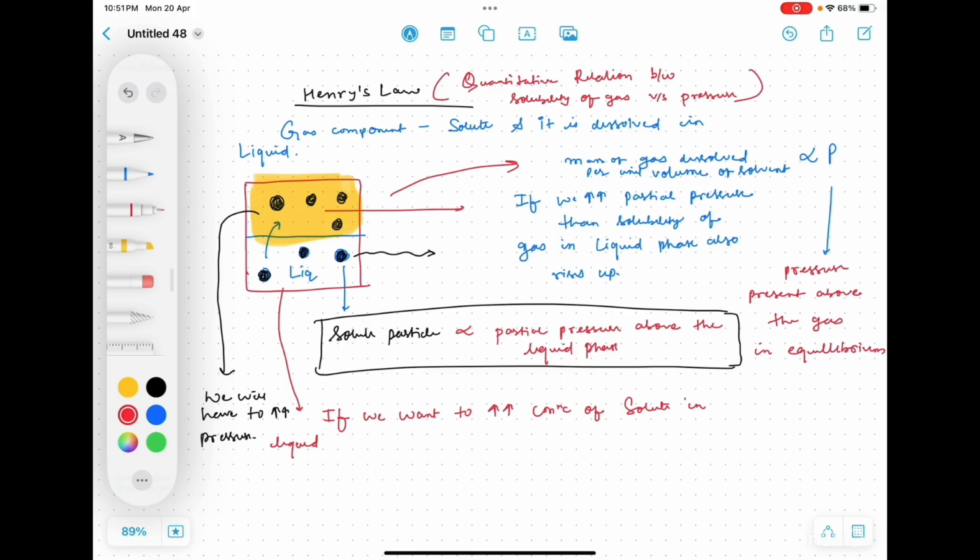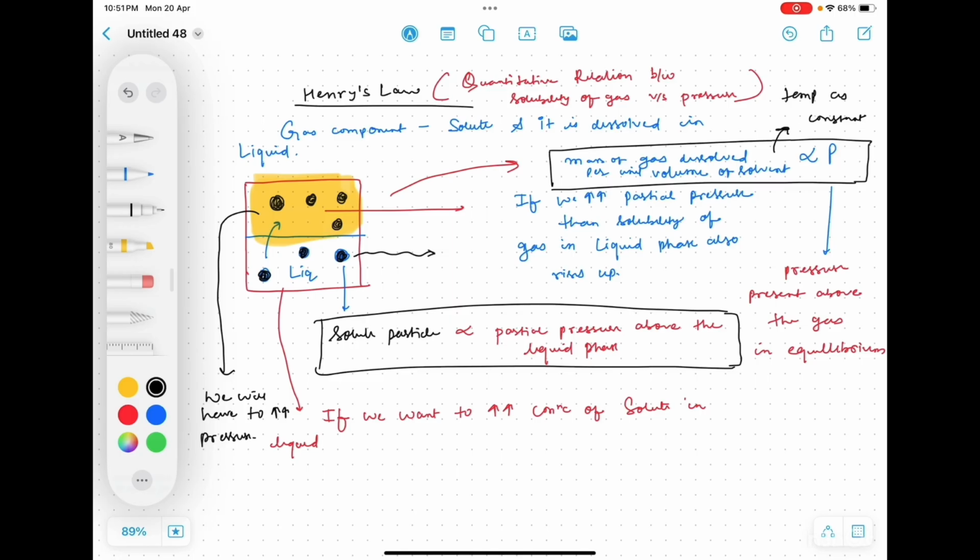So this is a very important statement, and this equation is derived when we are taking temperature as constant, as we all know that solubility changes with temperature.